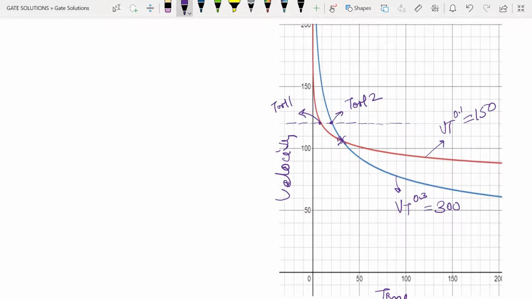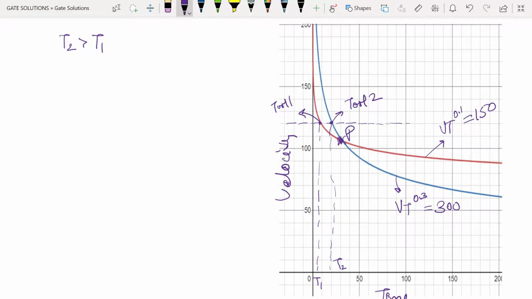So tool 2 is having the tool life as T2 and tool 1 is having tool life as T1. Clearly T2 is greater than T1. Therefore we have to find this intersection point, that is P.